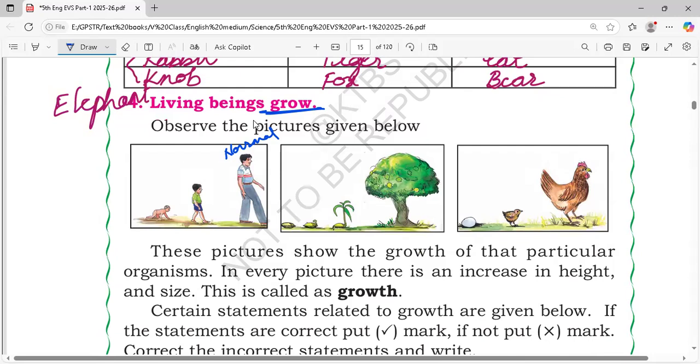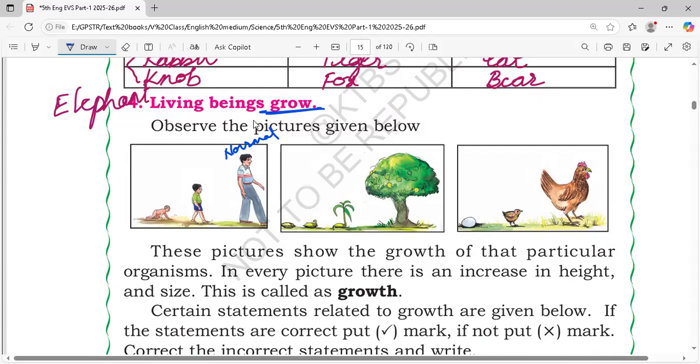Normal height of the man. See, seed, sprout, tree. Egg, small chicken, big one, hen. These pictures show the growth of that particular organism.